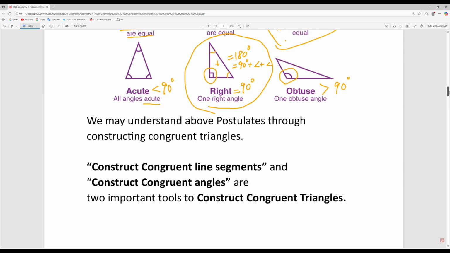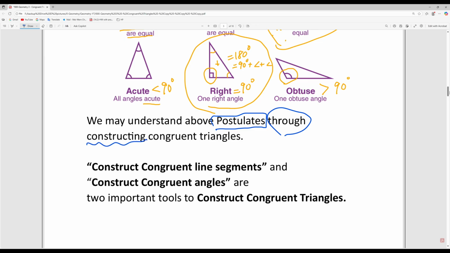So let me read through my own writing. We may understand the above postulate through constructing congruent triangles.